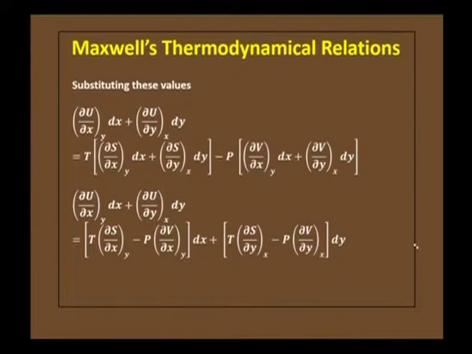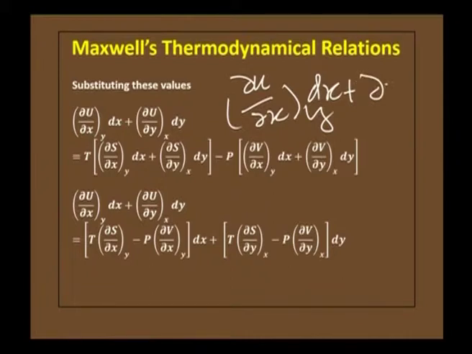Substituting these values in this equation, that is delta h is equal to T ds minus P dv, we can have this. For differentiating this du term, I can write ∂u/∂x at constant y into dx plus ∂u/∂y at constant x into dy.